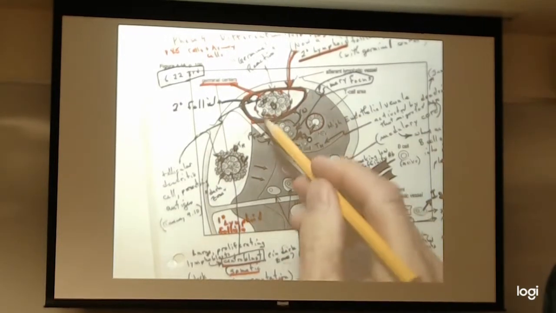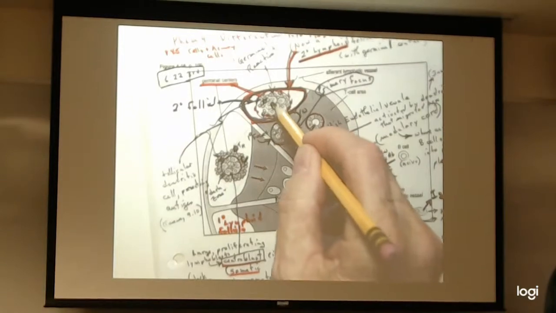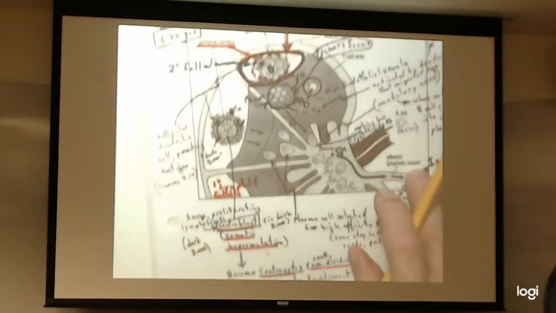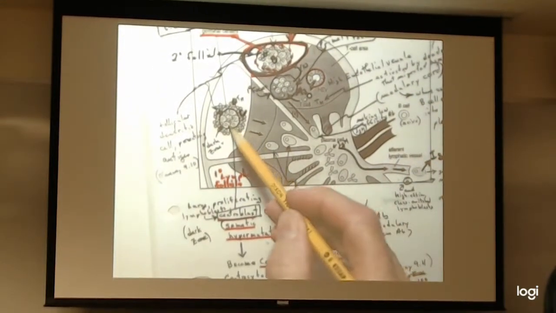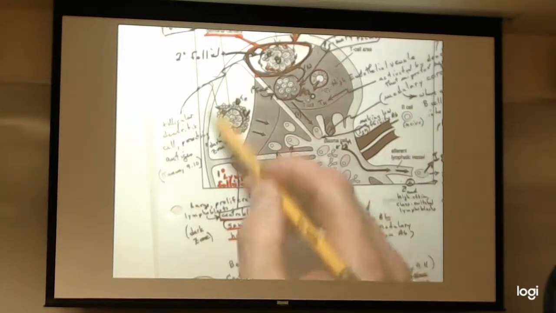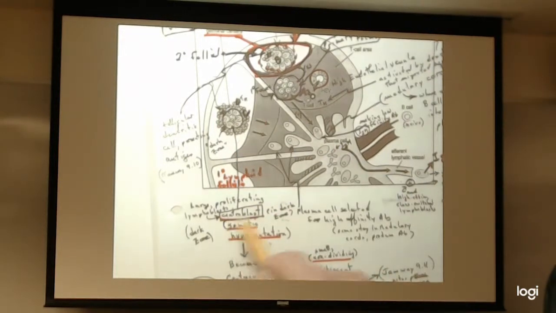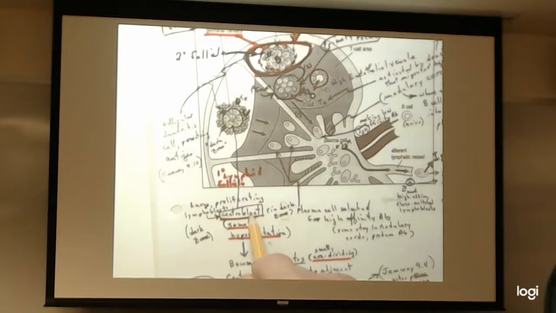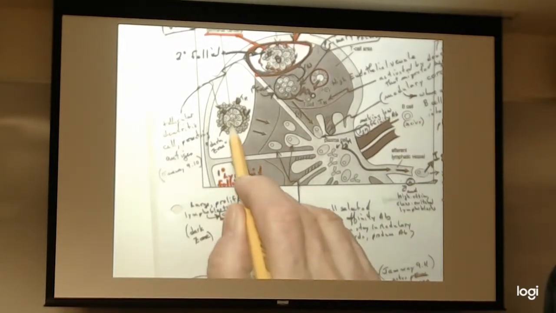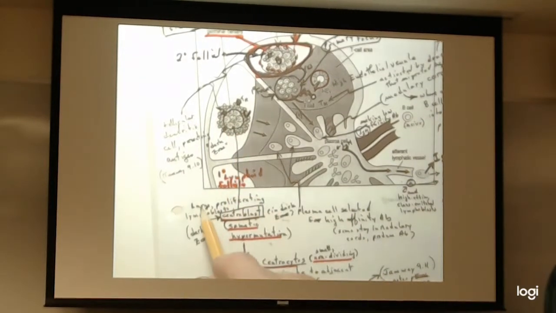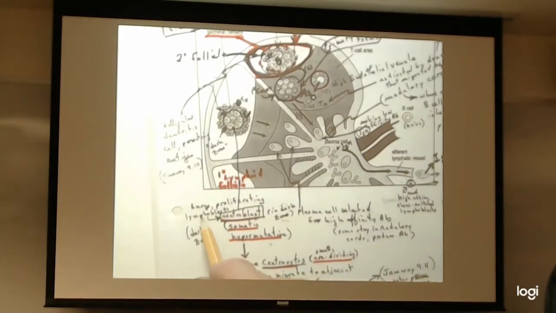So these are somewhat larger cells, okay? And these somewhat larger cells here, more or less in the center of this structure, are called centroblasts. So the centroblasts are here, and they are large proliferating B cells.